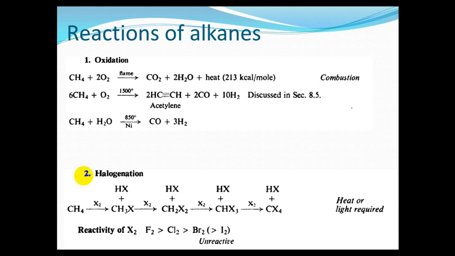The second reaction, halogenation. We mean by halogenation, substitution of a halogen atom instead of hydrogen in alkane. And this type of reaction occurs in many steps. In each step, a halogen atom replaces a hydrogen.